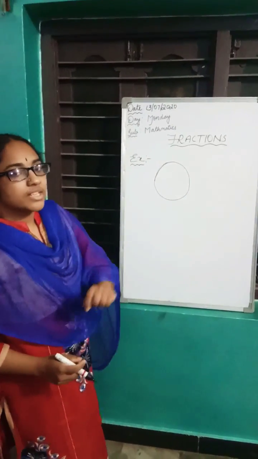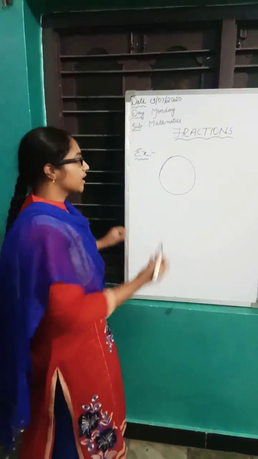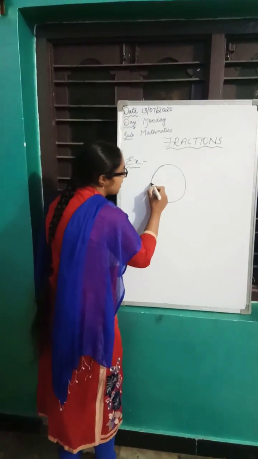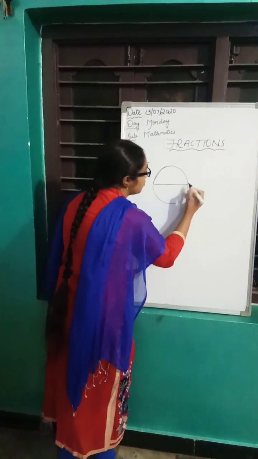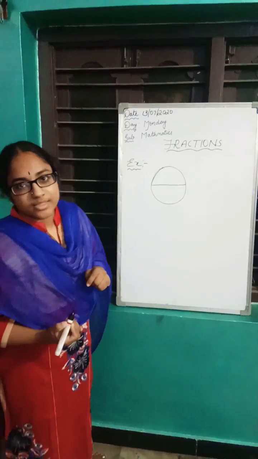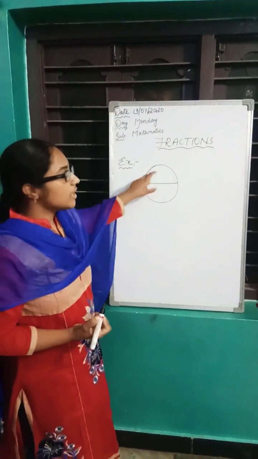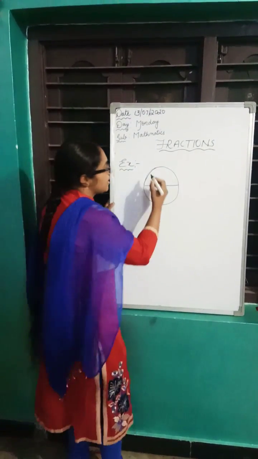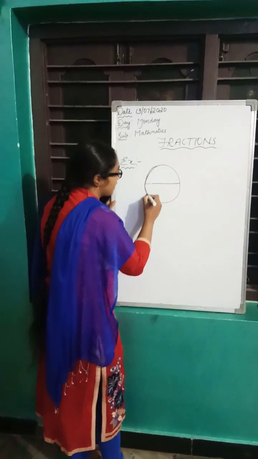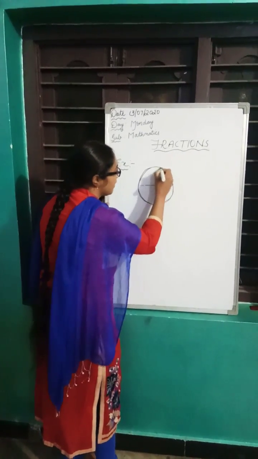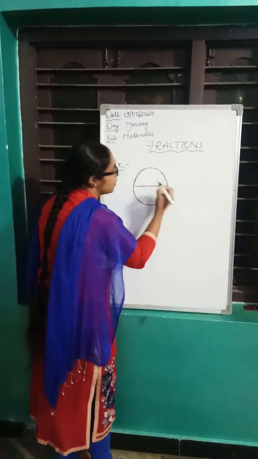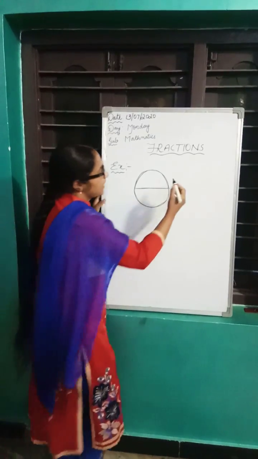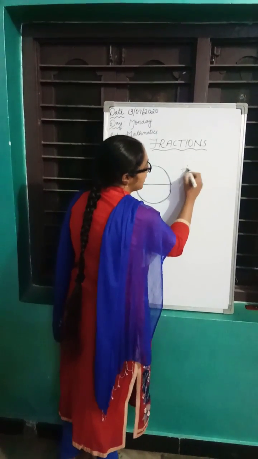If he is inviting his friend to his birthday party, what will he do? Definitely he will cut the cake into two equal pieces. Note the point, two equal pieces I am saying. So this is one complete cake and he is cutting it into two equal pieces.